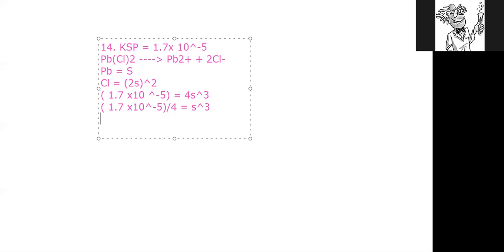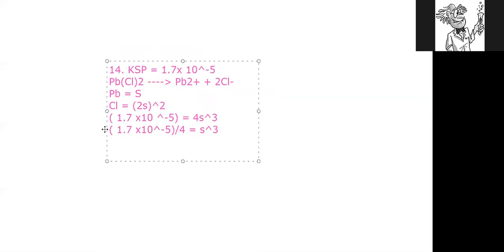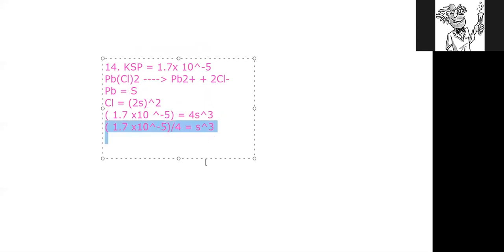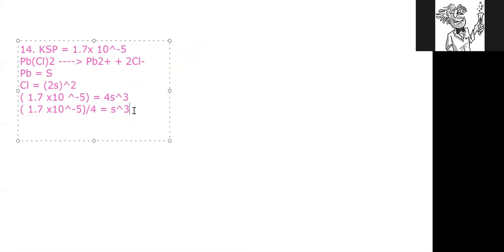Yep, we've done that, can you see we've got that right here? But that's just our S cubed. So what do we need to do to get S? S cubed, so square root. No, not square root, cube root. Perfect.